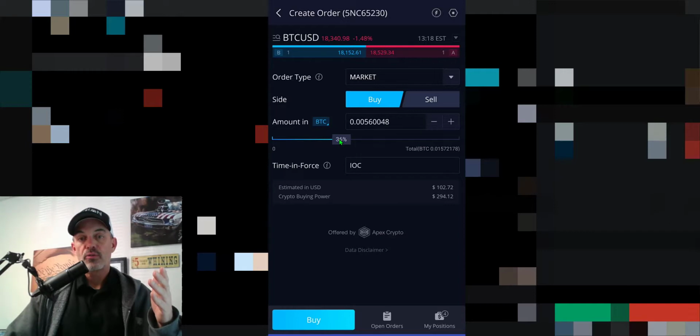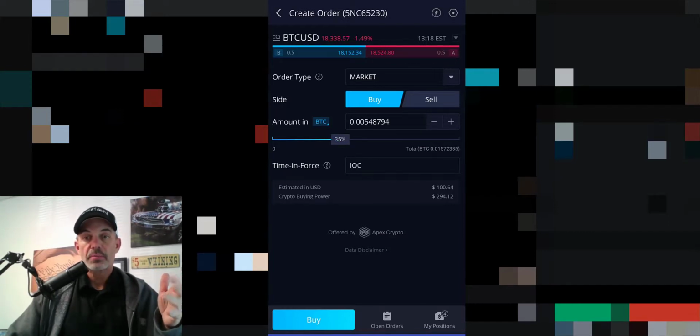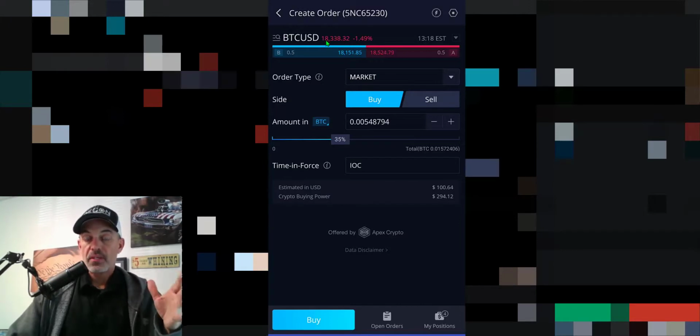And in this case, I'm going to go for $100. $100, 64 cents is what I was able to land on. And we can see Bitcoin is currently trading around 18,336. And I'm going to get hit with that 100 basis point markup, which will be 1%, which is probably going to put me around 18.5 and change.